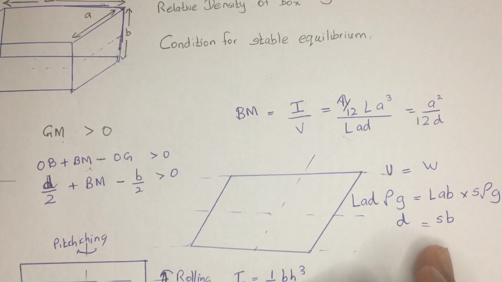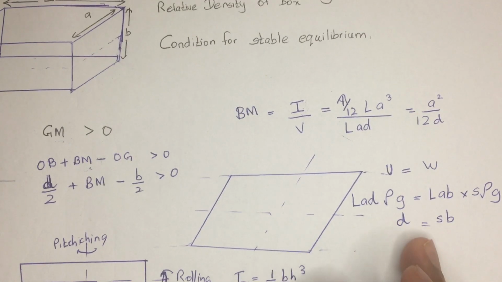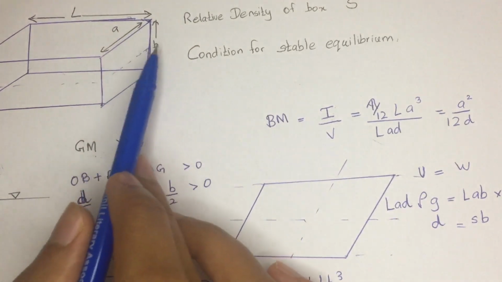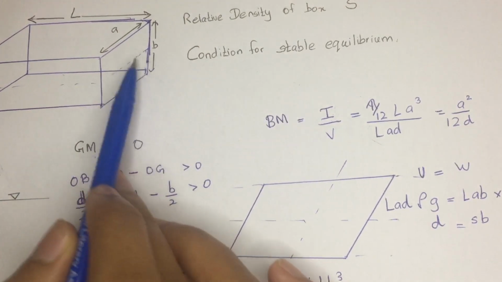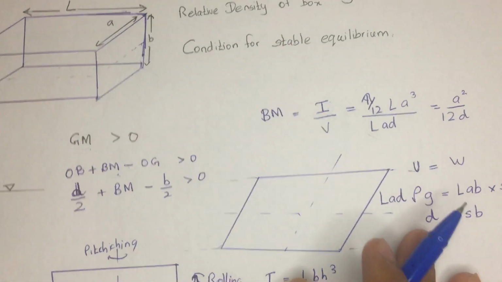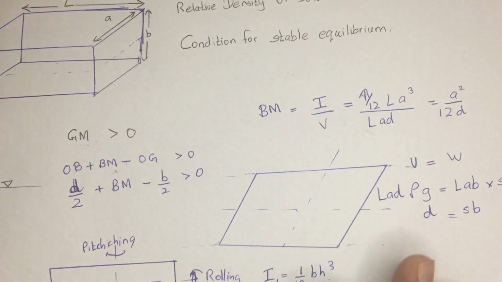So now we have figured out the relationship between D and B, because the question they haven't given the D value, so you can't express the final answer in D. So that's why we have got a relationship for D and B.